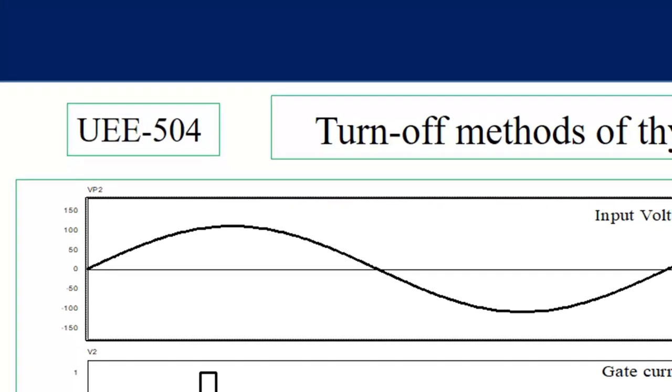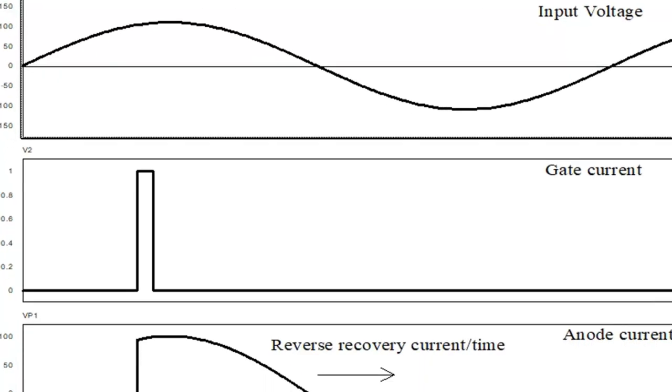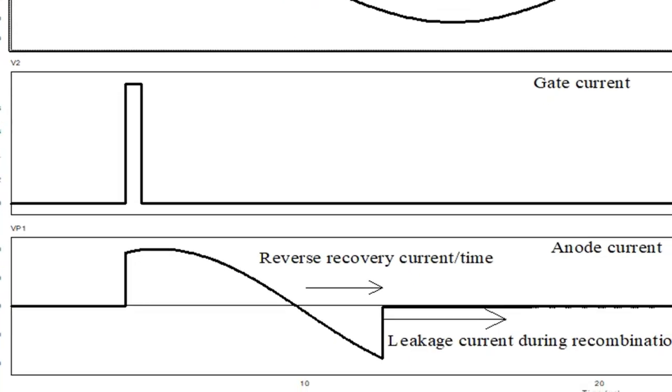Now at any instant, gate current is applied across the thyristor. Because of that gate current, as in the positive half cycle the anode is connected to the positive supply and the cathode to the negative supply, when gate current is available, the thyristor will be on. Now the thyristor will remain on until all the carriers are removed from the system and the junctions build up.